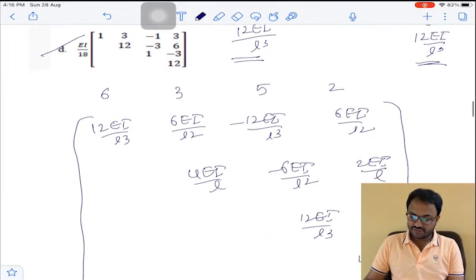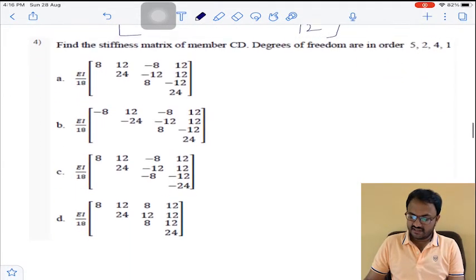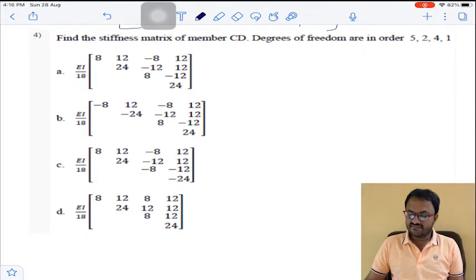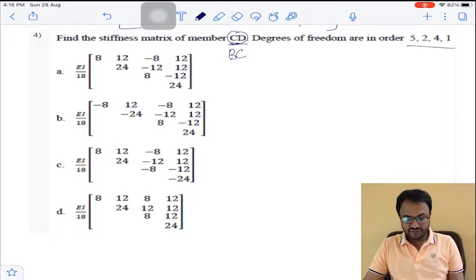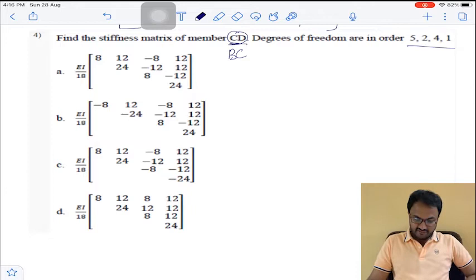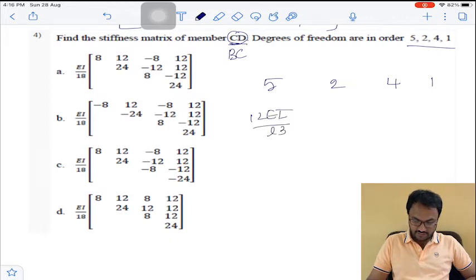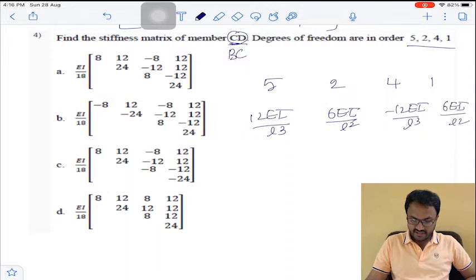Next question. Similarly, you need to calculate the stiffness matrix for CD. Actually, it is not CD, it is BC, corresponding to 5, 2, 4, 1. So, corresponding to 5, 2, 4, 1, I am writing the matrix, you can solve one over one. It is 12 EI by L cube, 6 EI by L square, minus 12 EI by L cube, 6 EI by L square.